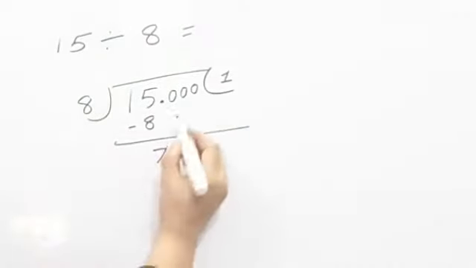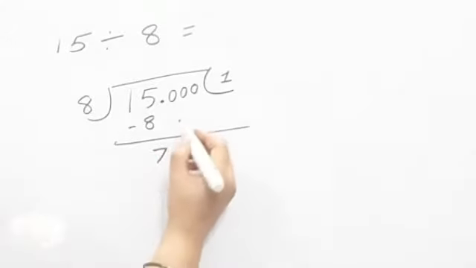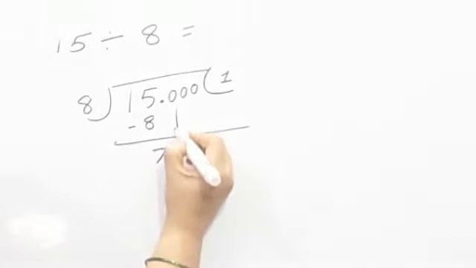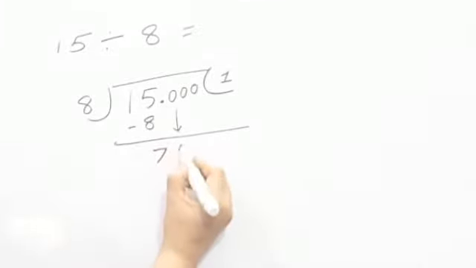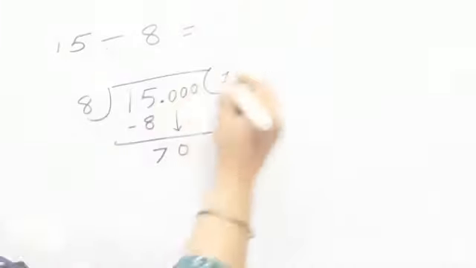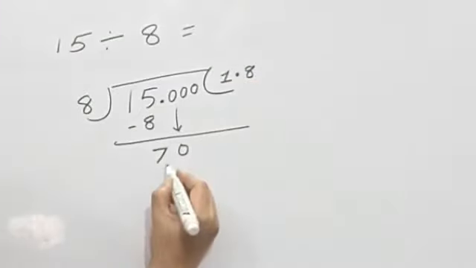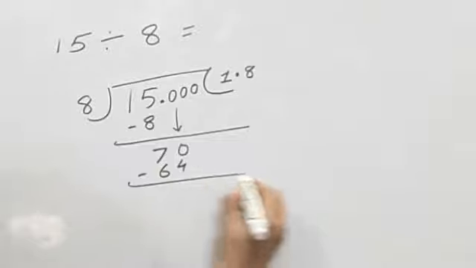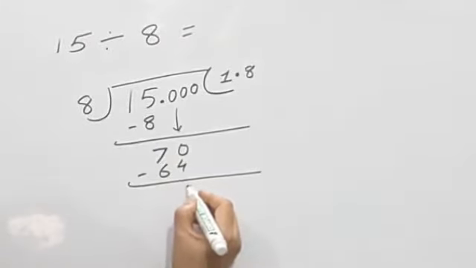Let us proceed. Next step, as soon as you bring the first place digit down, the decimal is brought to the quotient. So let's proceed. 8 into 8, 64. Subtract, you'll get 6.